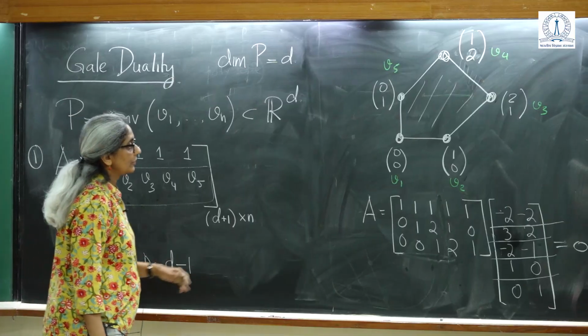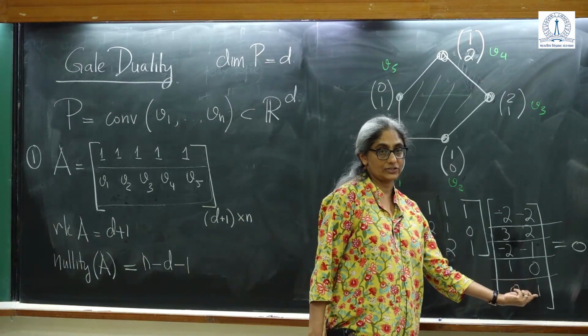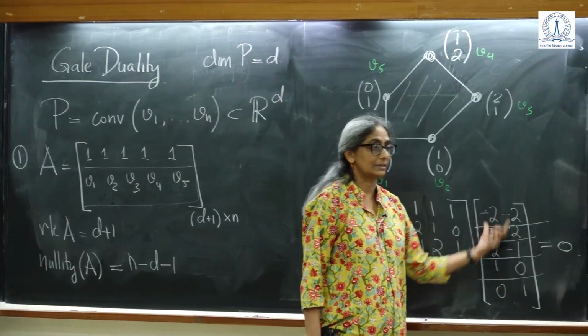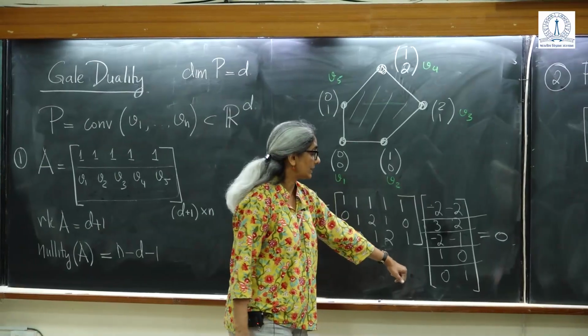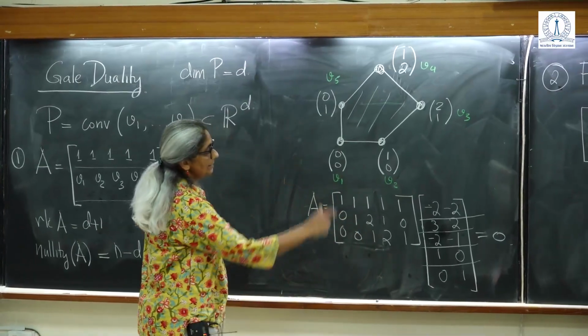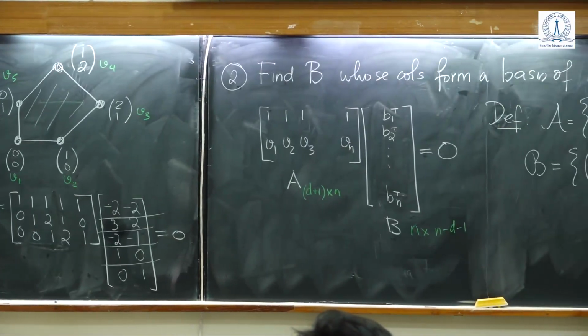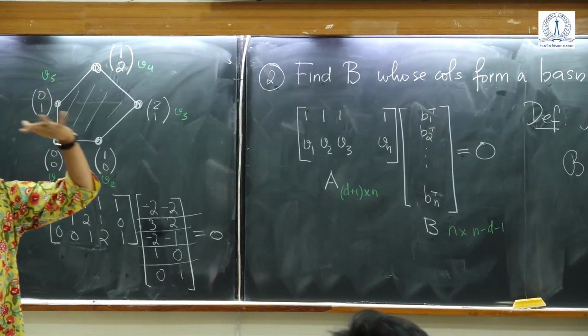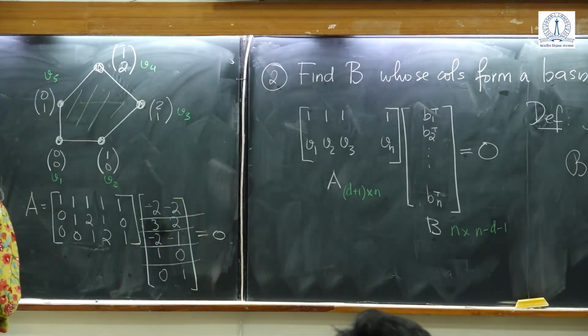We argued it has full rank, or you will argue. You then construct the kernel matrix with exactly the right number of columns. That's linear algebra. You can use Mathematica or whatever to find that. And then I'm constructing these 2-point configurations. The first one came from the columns of the A matrix. The second one came from the rows of the B matrix. Okay? So these are called dual configurations.